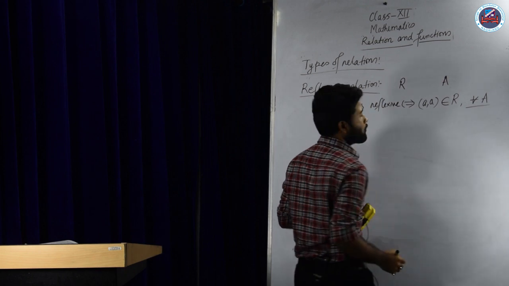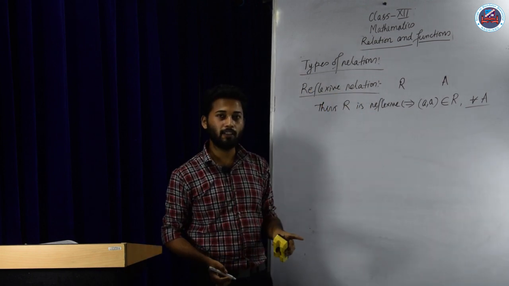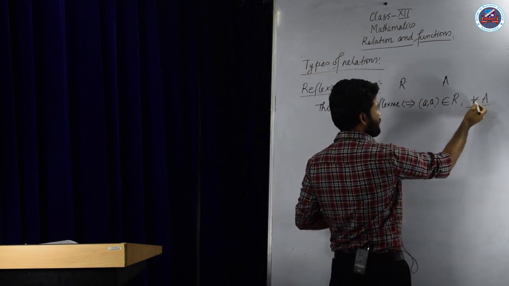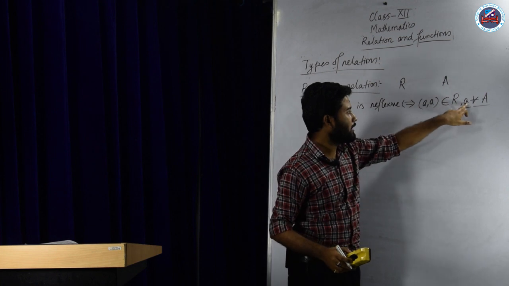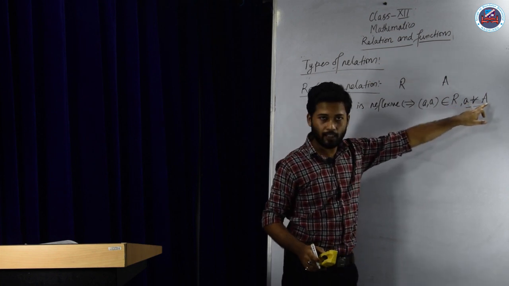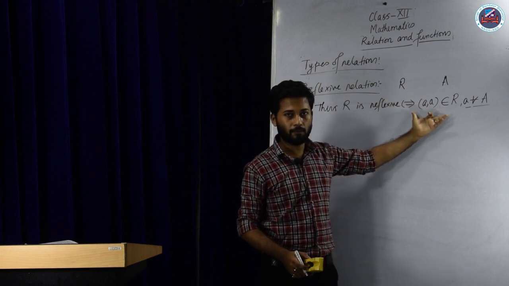This part is very important. That means we can say that the relation is reflexive only when, for all a belonging to A, that is for all a in capital A, this property must be satisfied.